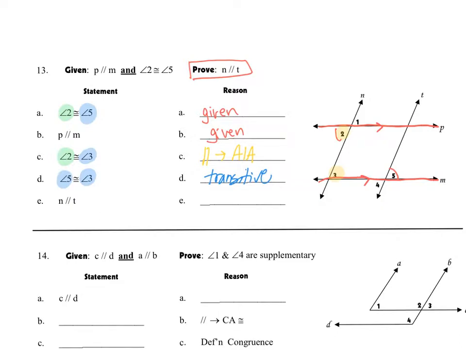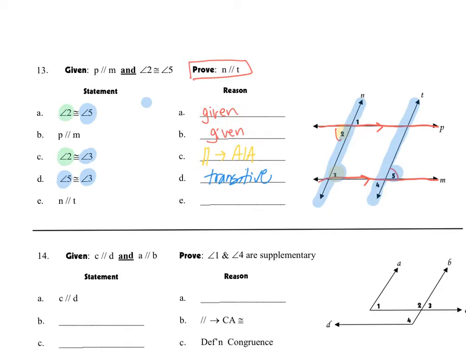And if we look at where those angles are located, angle 5 here and angle 3 here, what that tells us is that, if we are trying to prove this line parallel to this line, angle 5 and angle 3 are corresponding angles.